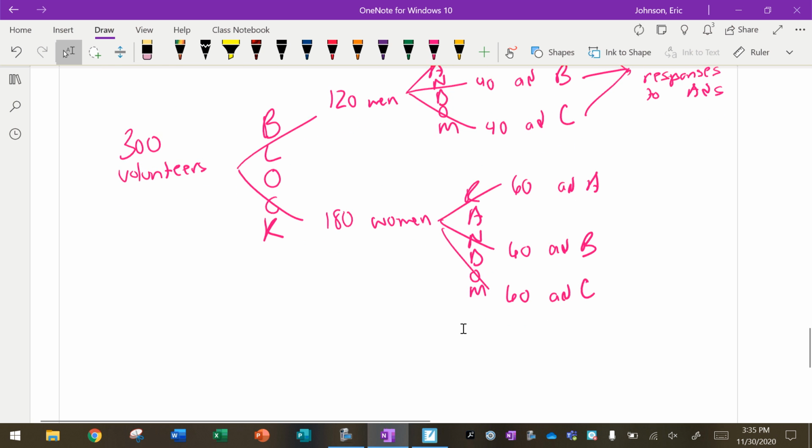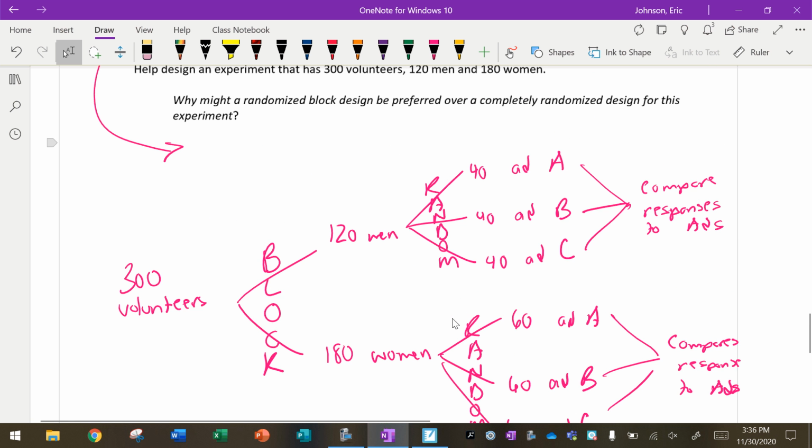Okay? And what happens here, let me finish this up before I speak here. Compare responses to ads. What the blocking allows you to do here is to say, all right, here's what we determined. We determined that the men had the most positive response to advertisement A. So this is the ad that we're going to run on ESPN.